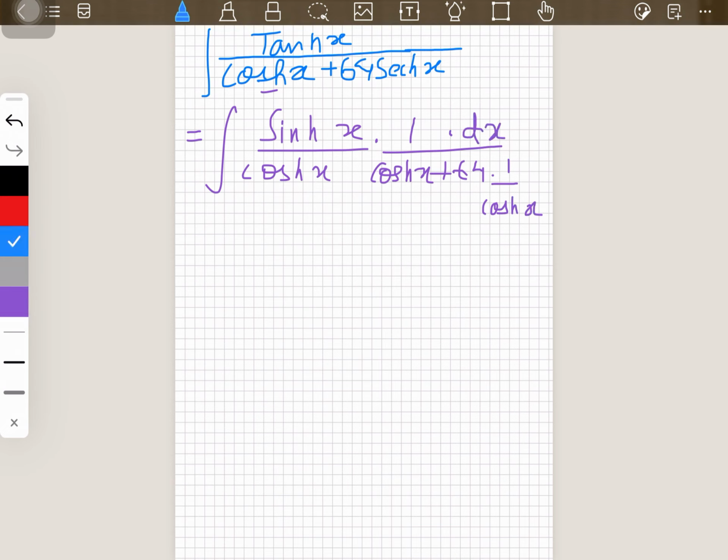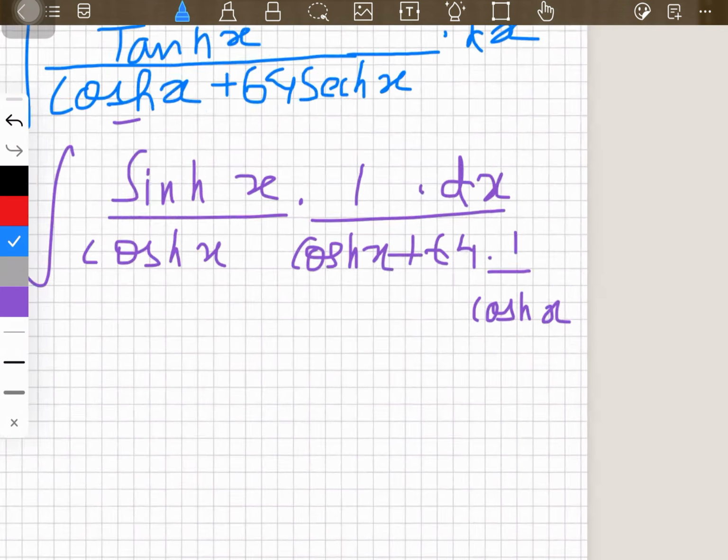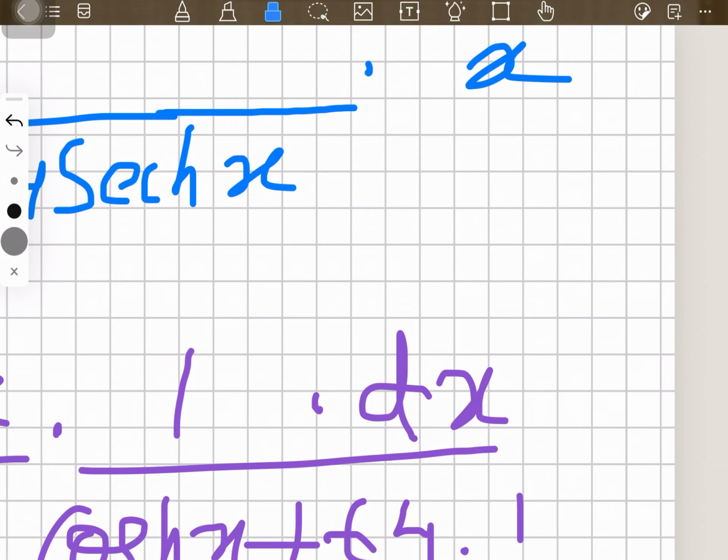We might have missed it over here. Let's write this d properly.